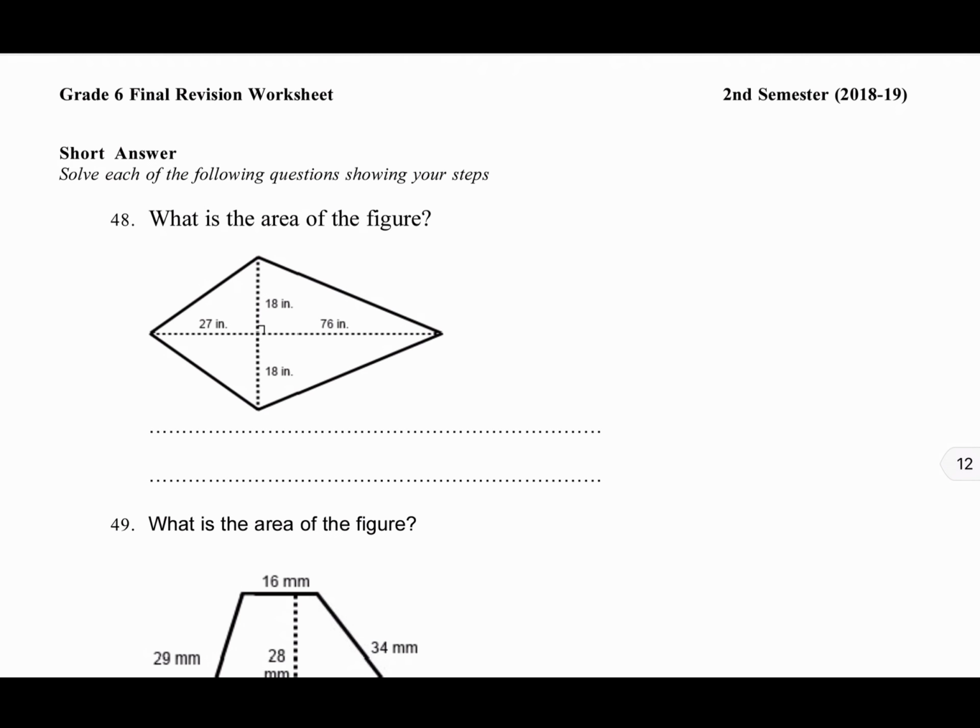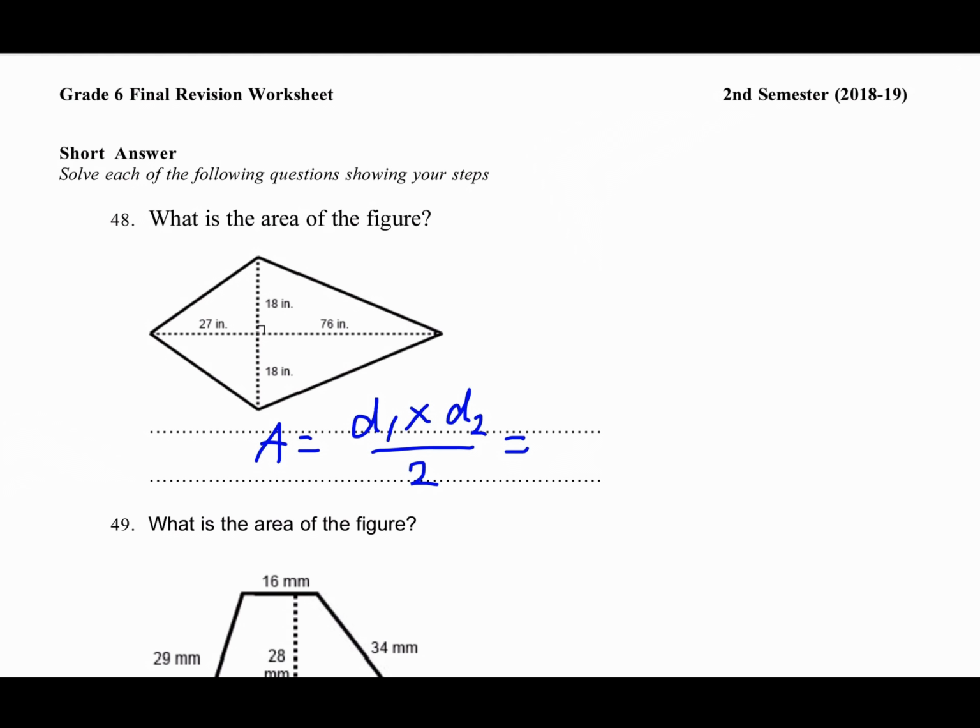Next question, the short answer question. What is the area of the figure? As we know, we just said area of the kite equals half of the product of two diagonals.